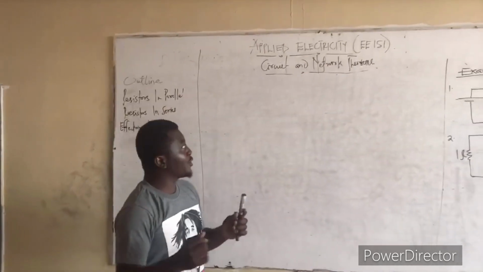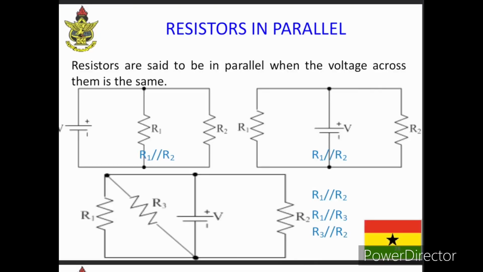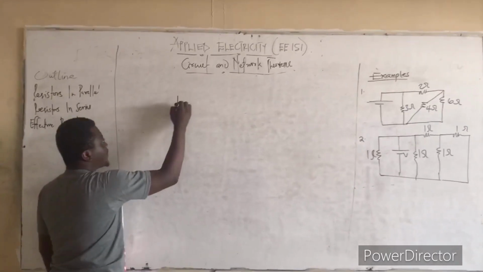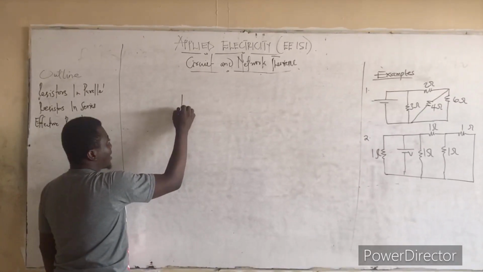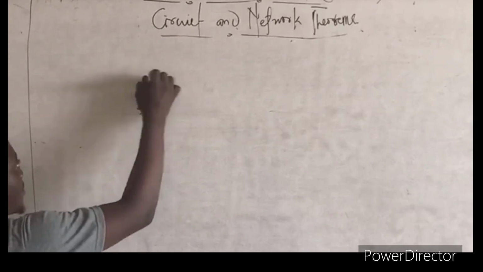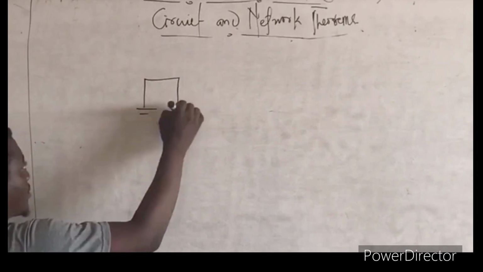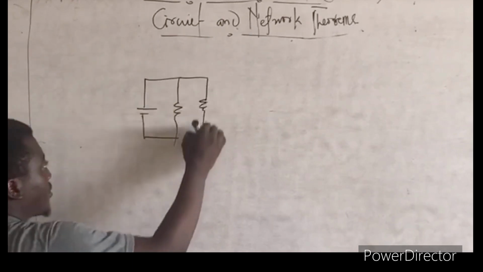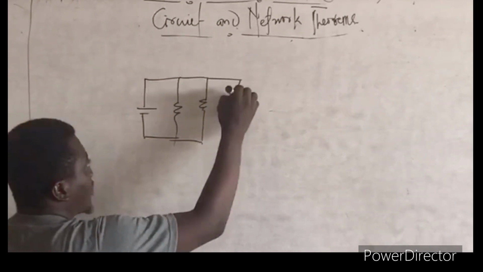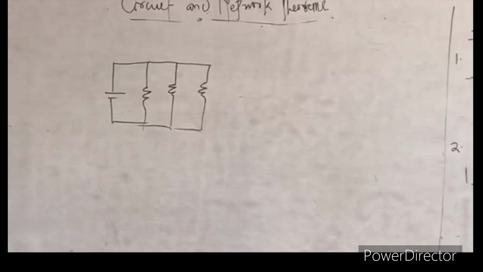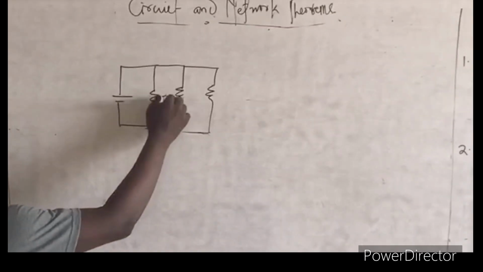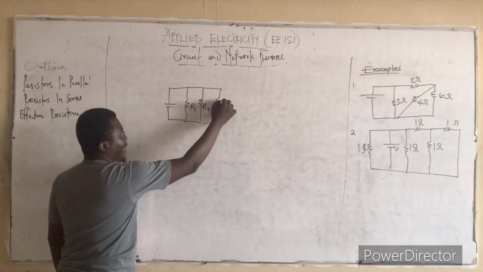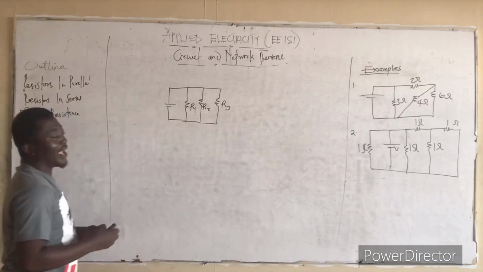If you are talking of resistors in parallel, for example, we have this circuit. One can say that R1, R2, and R3 are in parallel.